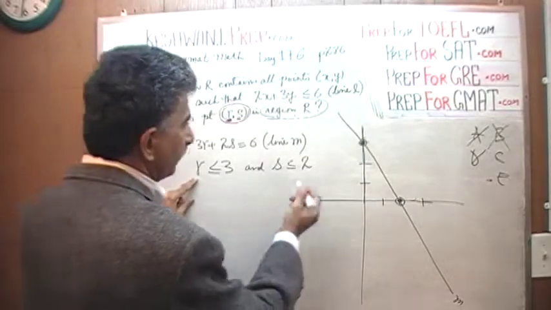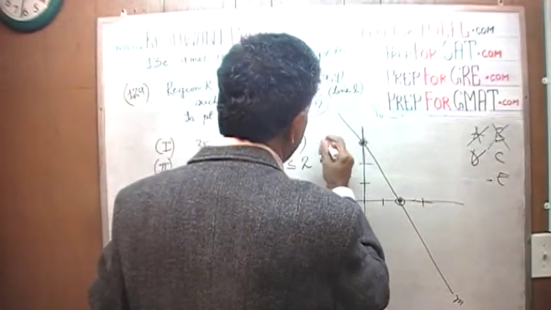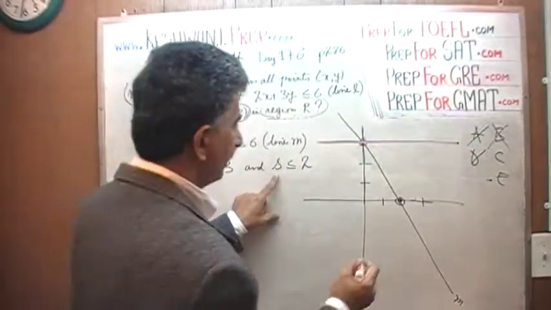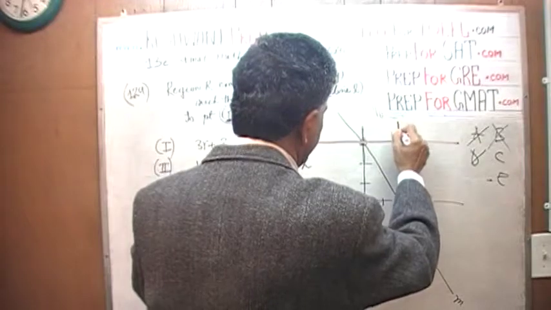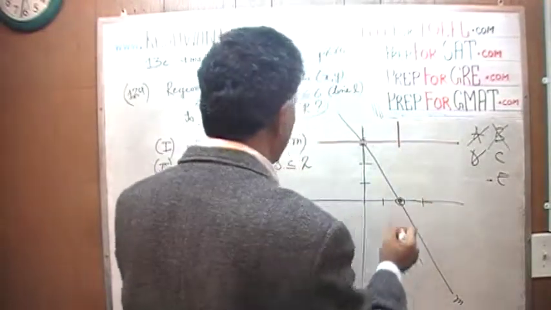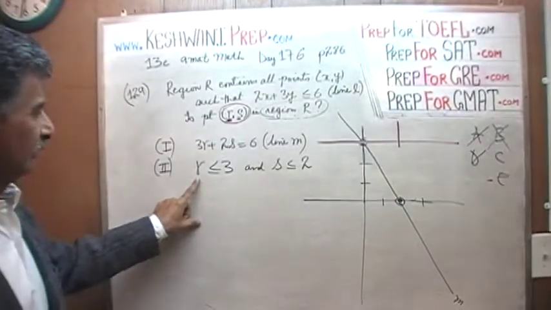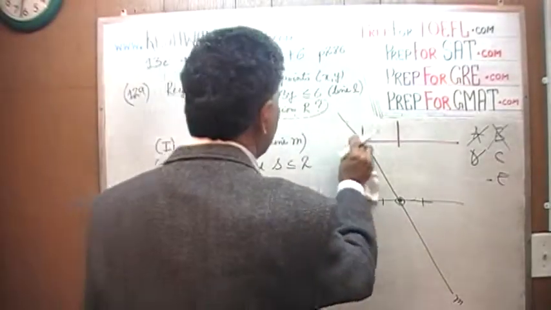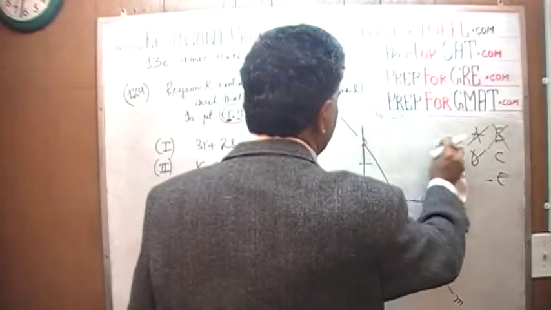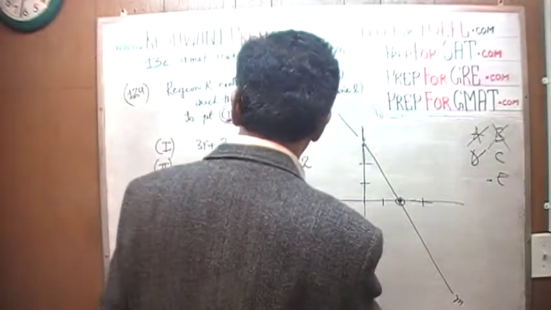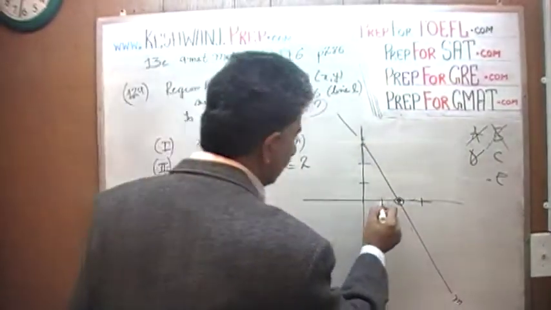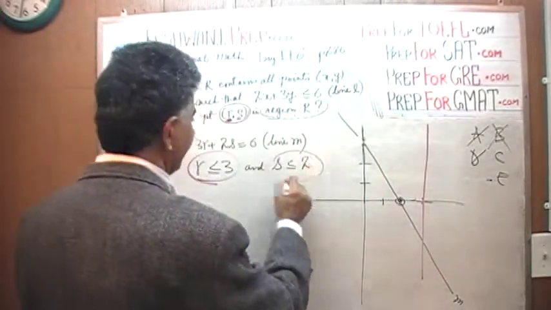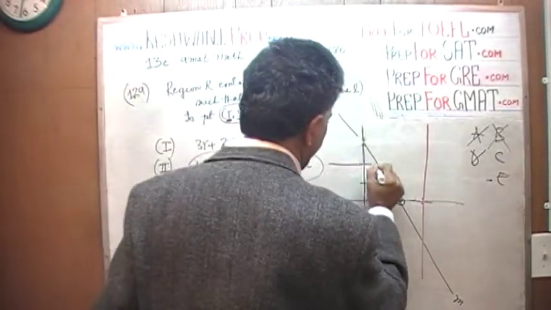R is less than or equal to 3, which is defined as this guy, and S is less than or equal to 2, which is defined as, oh, plastic. That was the x coordinate, wasn't it? R is less than or equal to 3, 1, 2, 3, that was right here. And S is less than or equal to 2, which is right here.